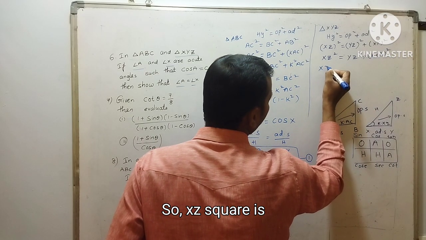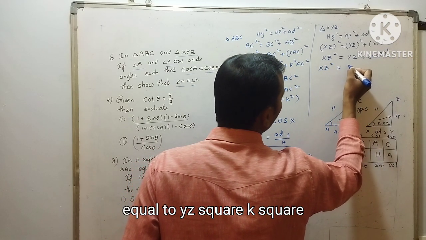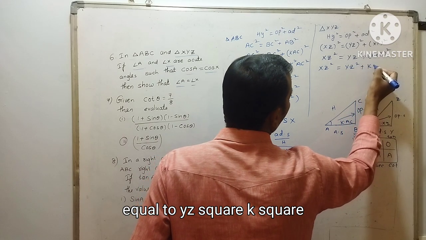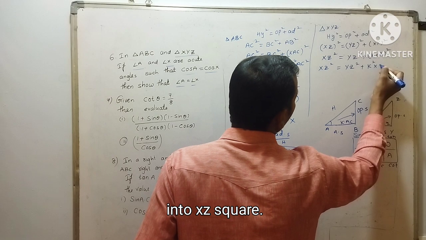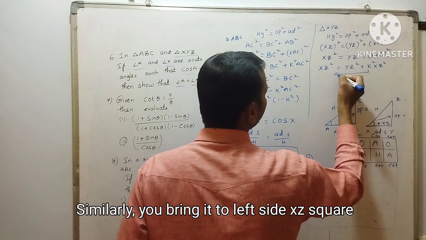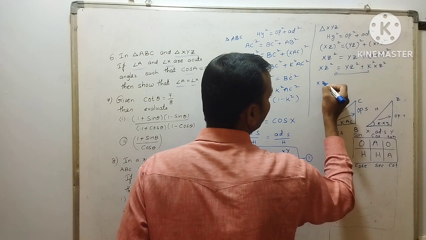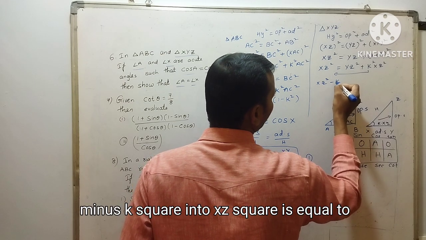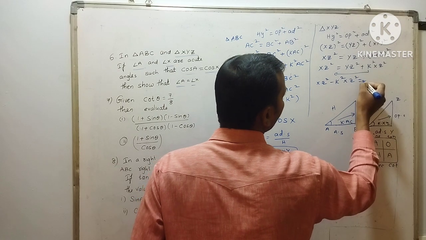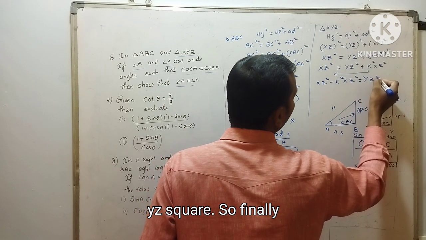So XZ square is equal to YZ square plus K square into XZ square. Similarly, you bring it to the left side: XZ square minus K square into XZ square is equal to YZ square.